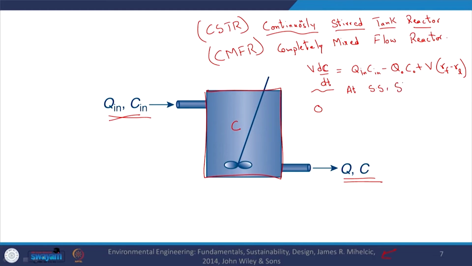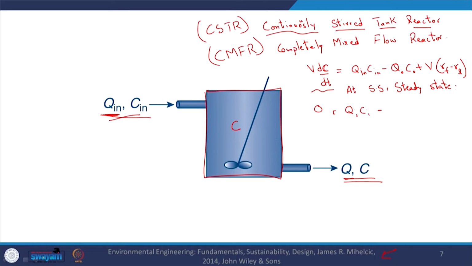Let me write it down for the first time. Steady state, 0 is equal to Q in C in minus, and one aspect to note is, if the volume of this particular reactor is the same and the fluid volume does not change with time, that will be the case only when Q in and Q out are the same.